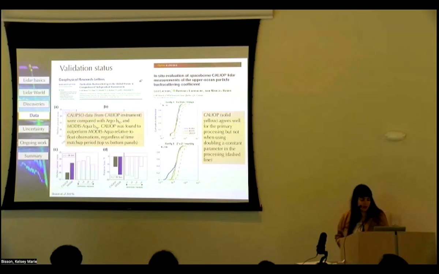On the bottom, it's a more generous 2 by 2 degree monthly grid, aggregating all possible data in 1 month at 2 degree scales. There, of course, you have differential sampling between what MODIS Aqua can do and what Calliope can do. But this study also found that the Calliope data performed well with processing, though it's very sensitive to one parameter in particular, which I'll talk about in a few minutes.